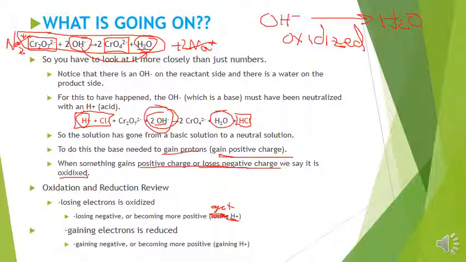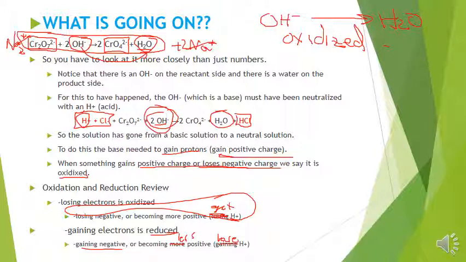The other one is, if you're being reduced, you're gaining electrons, and that means you're gaining negative charge. Another way to gain negative charge is to become less positive, or to lose protons. We can see that in this case, the OH minus reaction is gaining positive charge, so that means it's been oxidized.